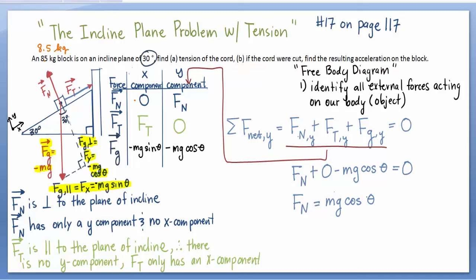And let me do my calculation, even though we've worked this before. So we have 8.5 times 9.8 times 30 cosine.